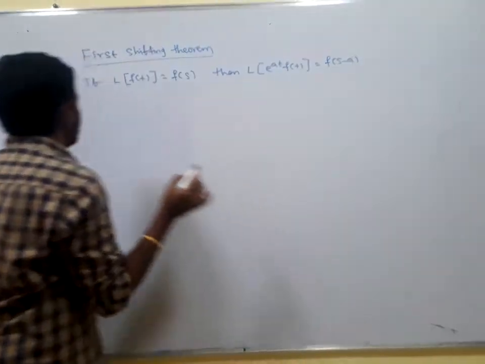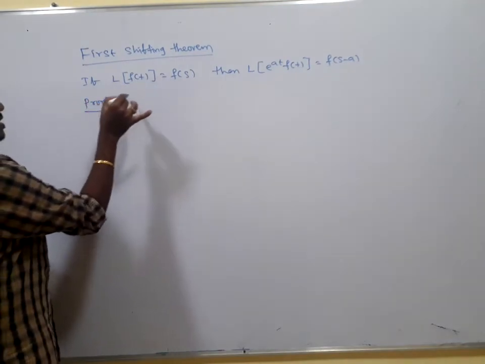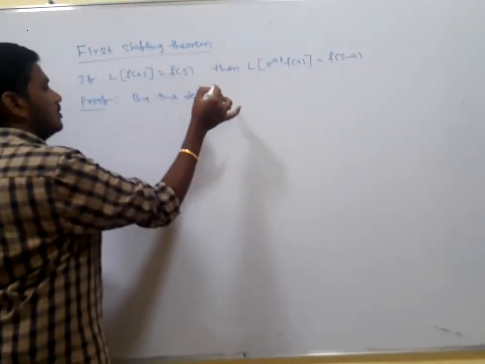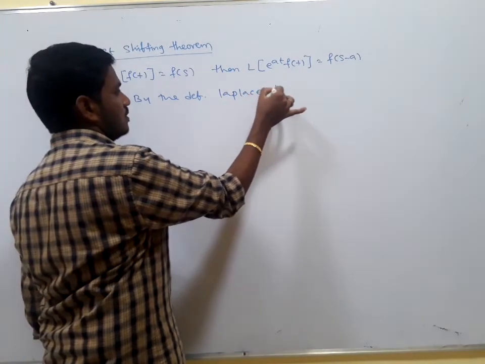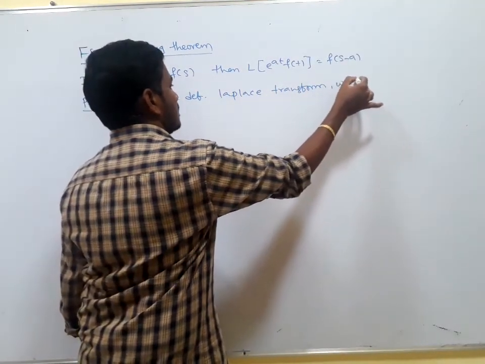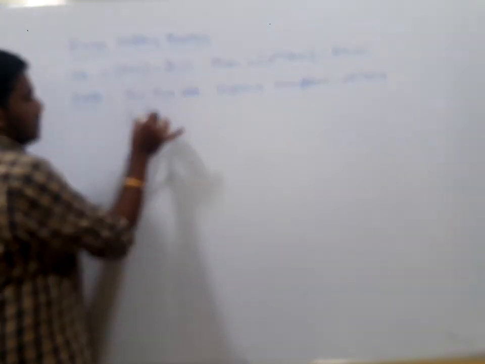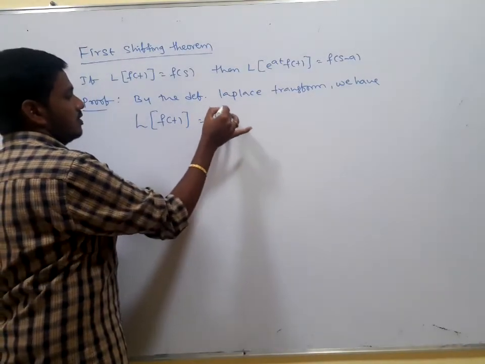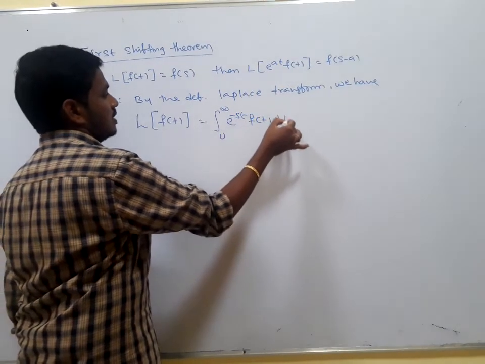Now coming to the proof, by the definition of Laplace transform, we have Laplace transform of f of t is equals to integral 0 to infinity e to the power of minus st f of t dt.